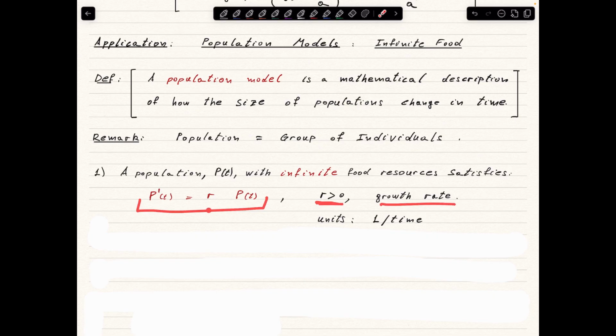For example, if we are talking about rabbits, this R, suppose this is in years, maybe a population of rabbits has a lot of offspring in a year, let's say 100. So maybe R is 100 for rabbits.